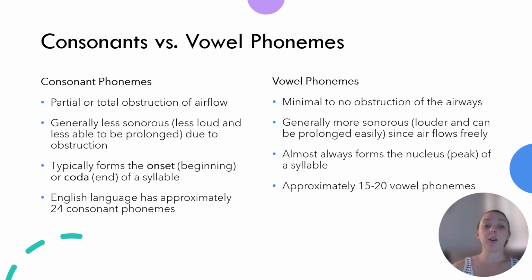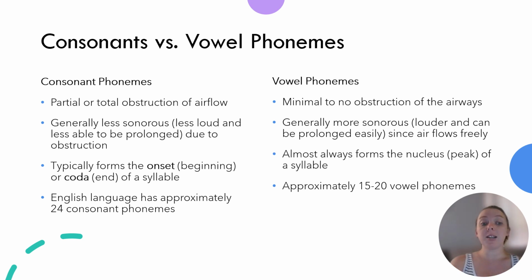Now let's look at consonant phonemes versus vowel phonemes. With consonant phonemes, you're going to feel a partial or total obstruction of airflow. Also, they're generally less sonorous, meaning less loud and less able to be prolonged due to the obstruction.